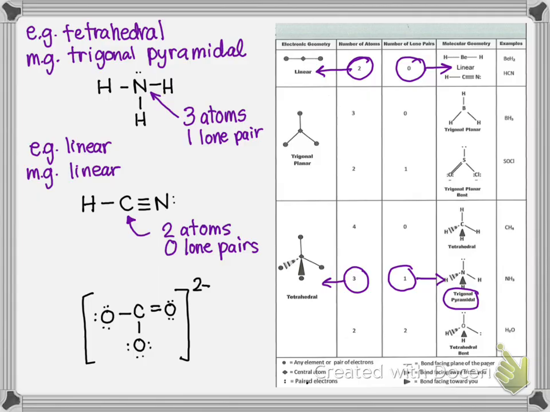But to do the shape of it, we treat it the same way. So I look at the carbon, I see that there's 3 atoms bonded to the carbon, 3 different oxygens, and then I look at the carbon and it has no lone pairs. It's not a coincidence that carbon has 0 lone pairs in all of our examples. Carbon likes to form 4 bonds to complete its octet.